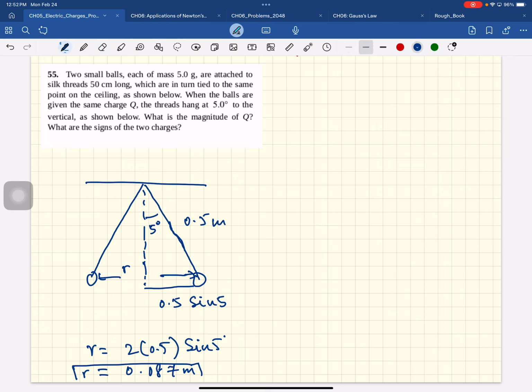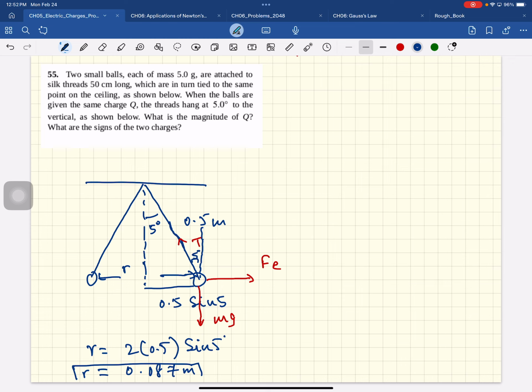Okay, so in this diagram, there is the electrostatic repulsive force, there's the tension in the string, and there's the force of gravity. Those are the three forces that are balancing each other. This is 5 degrees.